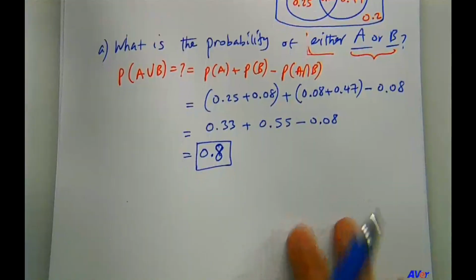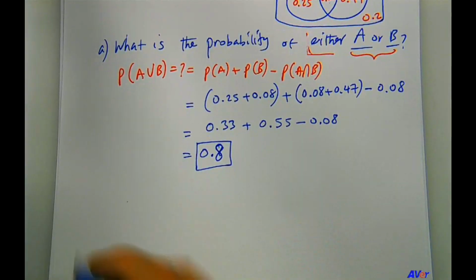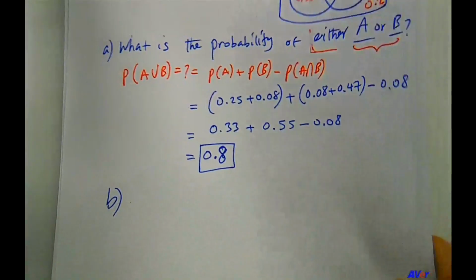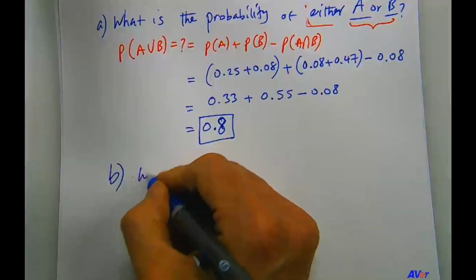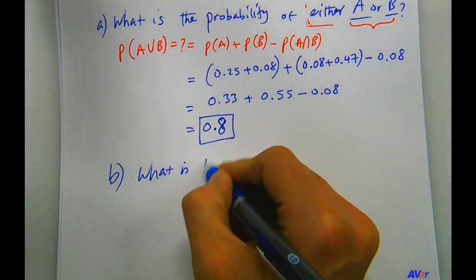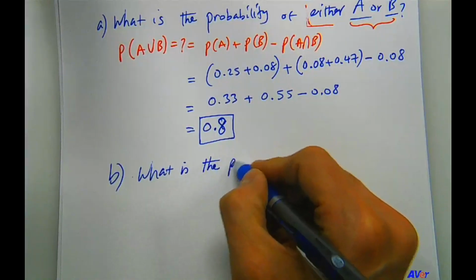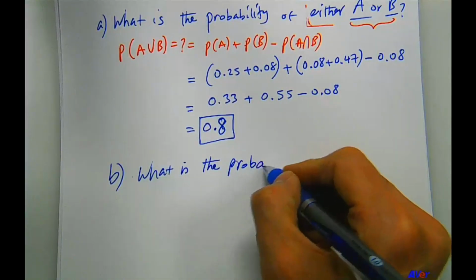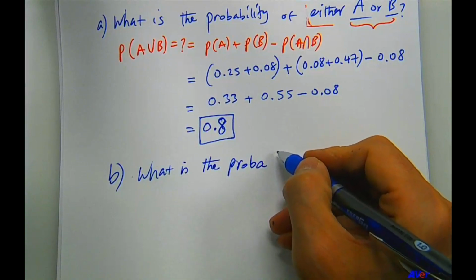So then we can ask, what is the probability of neither A nor B? Or let me ask the question in both ways so you're familiar with both language.